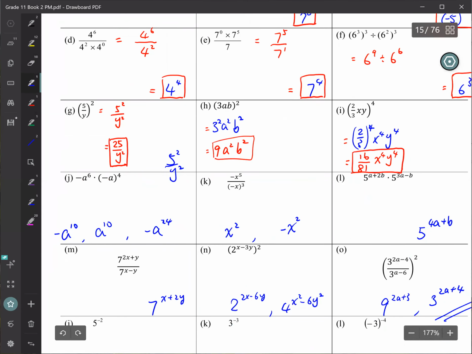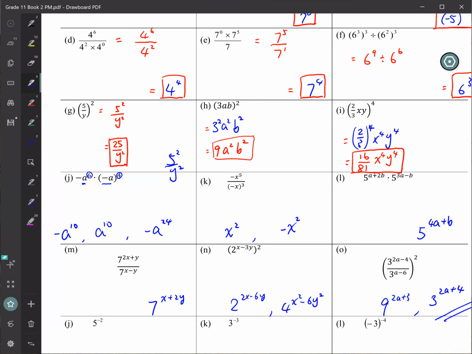You have the to the 6, and the base for the 6 is A, and then the base for the 4 is negative A. You need to identify the base. So you can see the bases are not the same. One is A, one is negative A. So you cannot use any law yet. So that's why this one is very tricky.